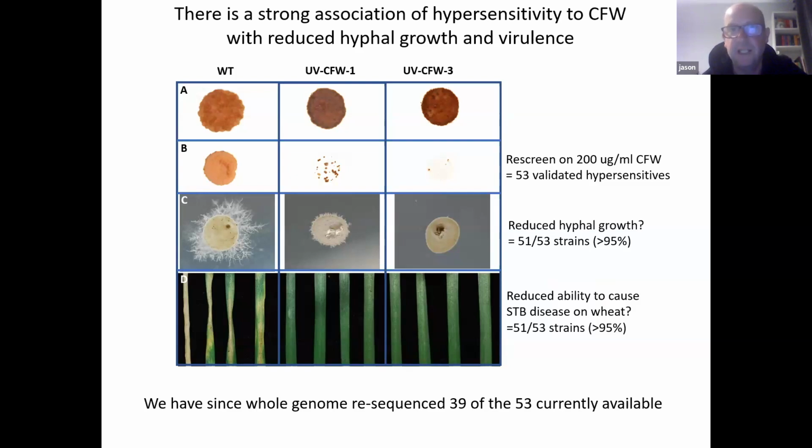So this is quite a nice way of linking potential cell wall defects to virulence defects. But obviously the question is, can you get to the underlying genes that are affected in the process? So what we did was whole genome resequencing again of 39 of those 53 available mutants.